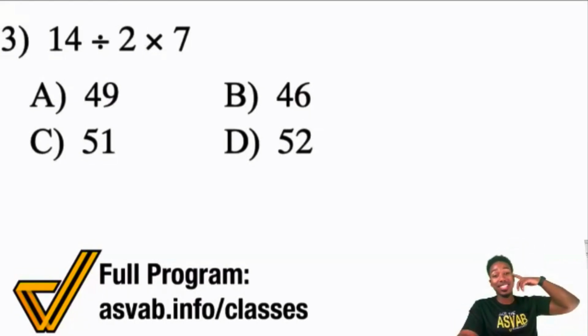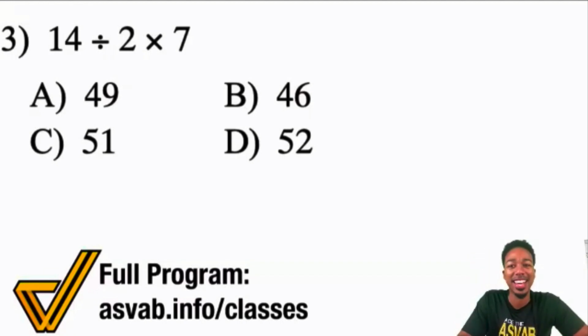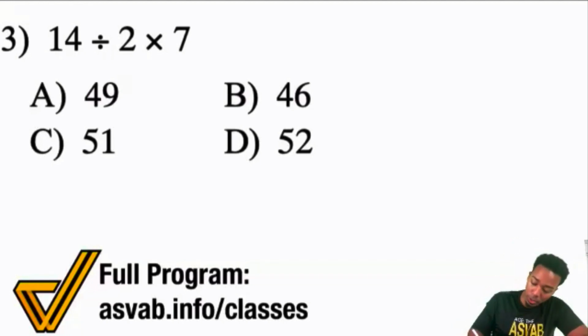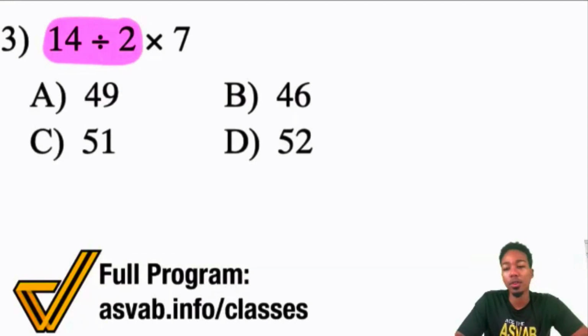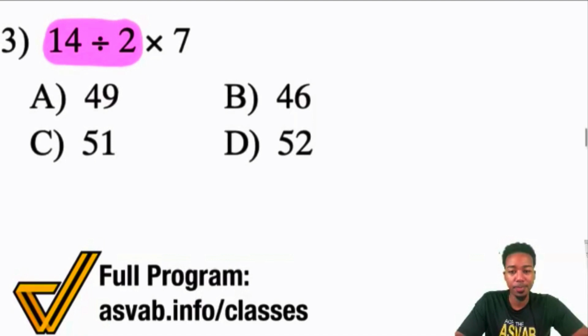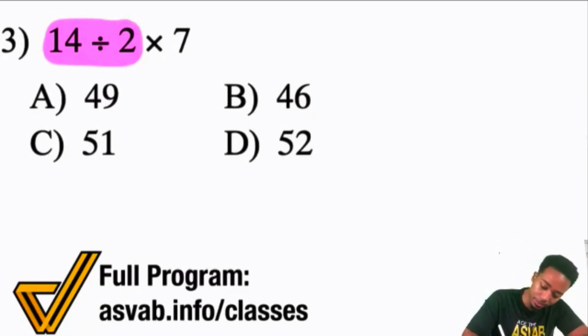I'm going to say this like a million times because I want you guys to get this down. Because of that, we would do the 14 divided by 2 first. What's that going to be? That's going to be 7.